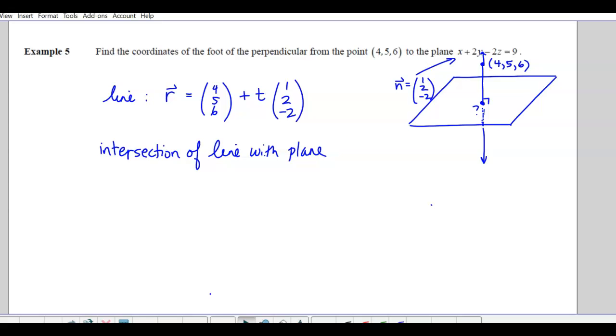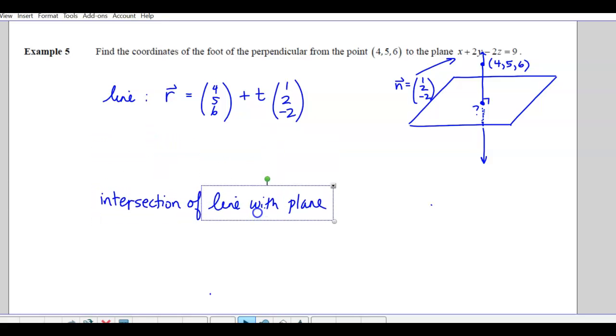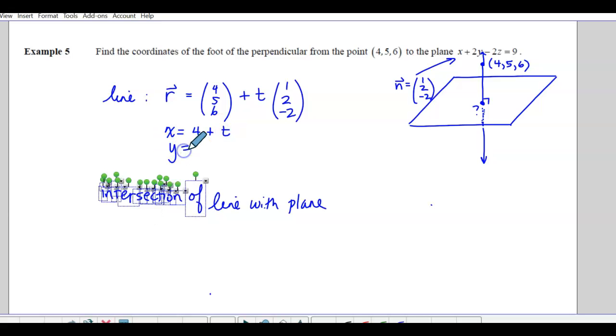So that means x equals 4 plus t, y equals 5 plus 2t, and z equals 6 minus 2t. Then we can substitute into the plane.